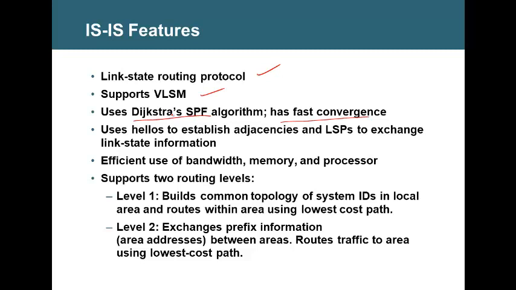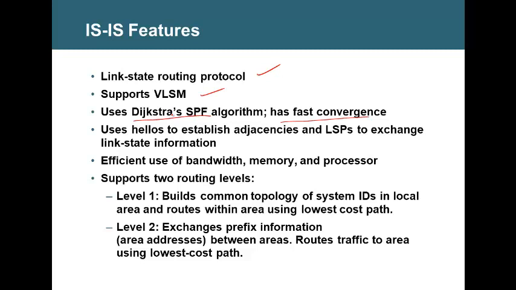Okay, now like any other IGP protocol, but don't compare RIP to this, because RIP doesn't send hello packets. ISIS, like OSPF, also uses hello packets to establish adjacency. And I said LSP stands for Link State Protocol Data Unit, or you can say Link State Packets.